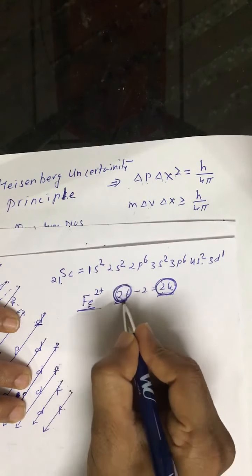What is exchange energy? When electrons are present in, suppose, the D subshell, there are some electrons which are present there for years. So they try to reduce their energy.